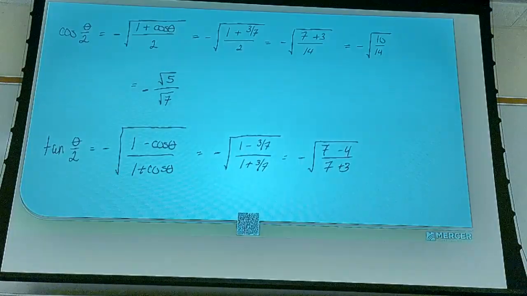That's for theta, but we're doing just theta over 2.